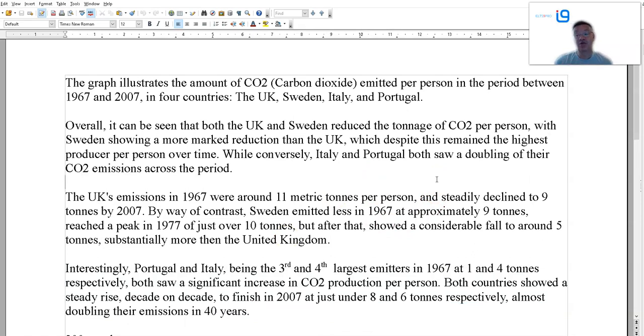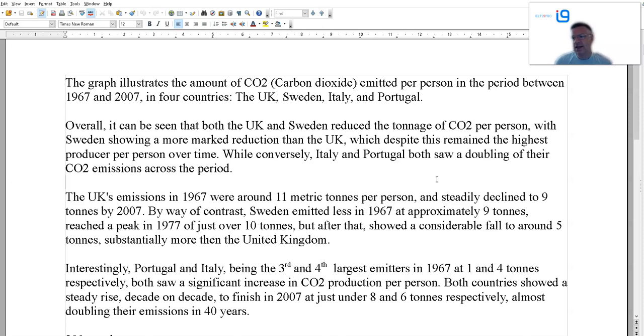The graph illustrates or shows. It's not a demonstration. It can't do that. It doesn't have hands. Overview, what's the biggest, what's the smallest, what's gone up, what's gone down, and then logical progression, high to low, or even low to high, if you wish. But it's got to be logical. Okay? There you go. Hope that helps.